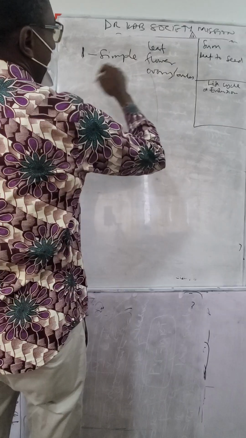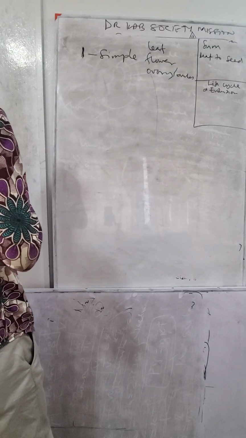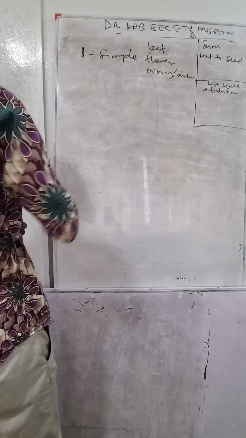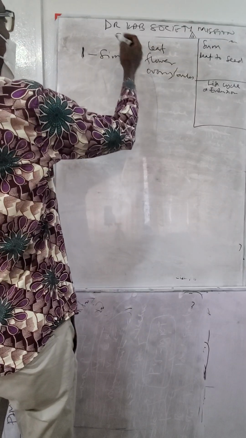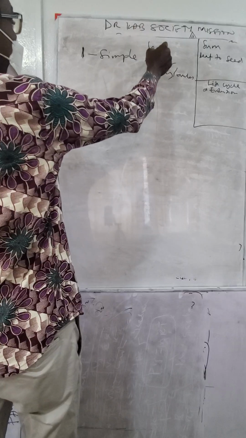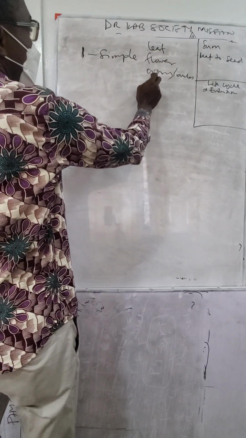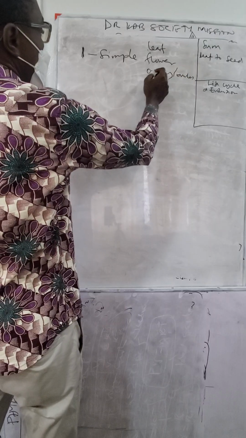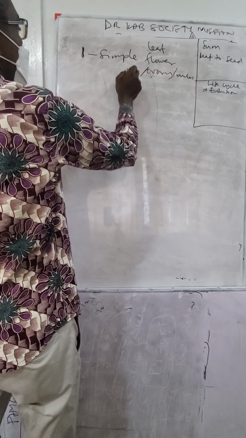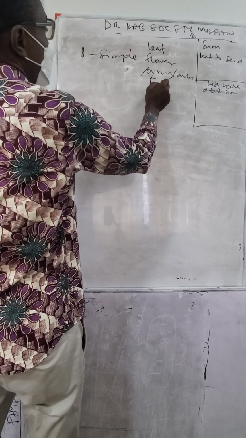If you have only one leaf, then we are looking at the simple one. If you have one flower, that's it. If you have one ovary, then we are looking at the fruits, so the ovary becomes the fruit.